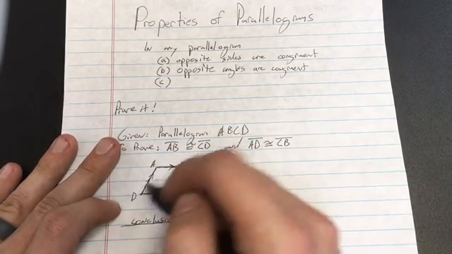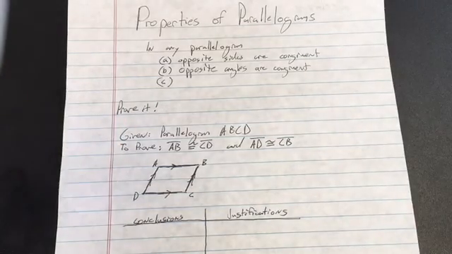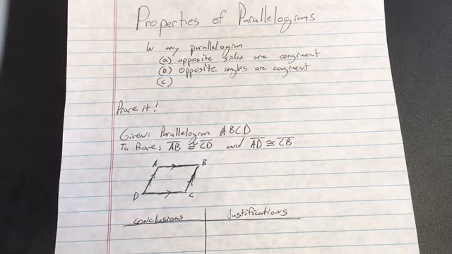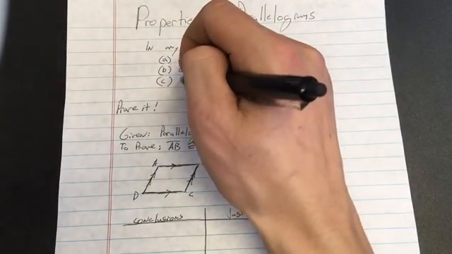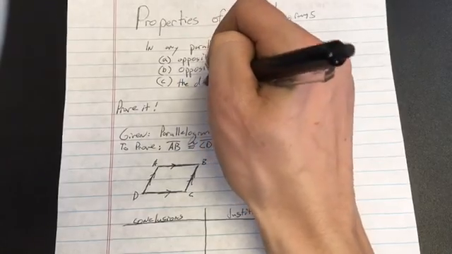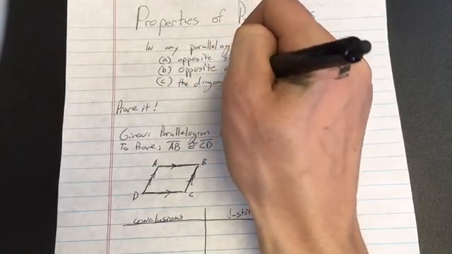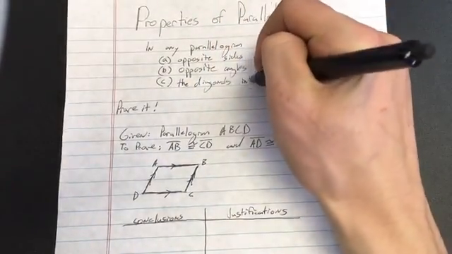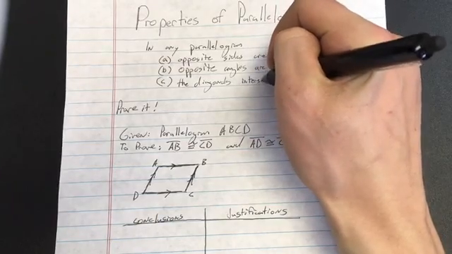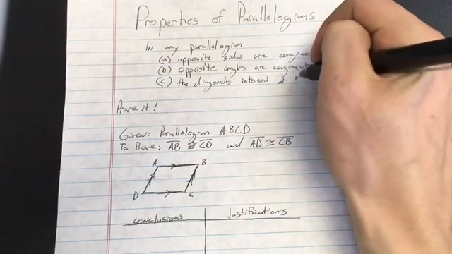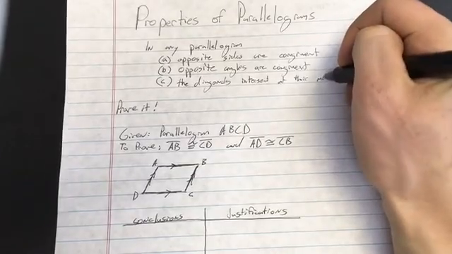This angle and this angle are opposite angles, and they're congruent. And the third thing that the properties of parallelograms theorem says is that the diagonals intersect at their midpoint.